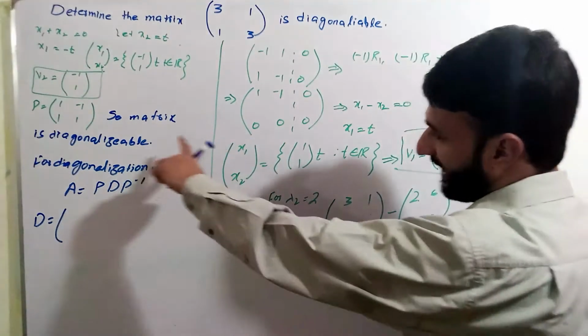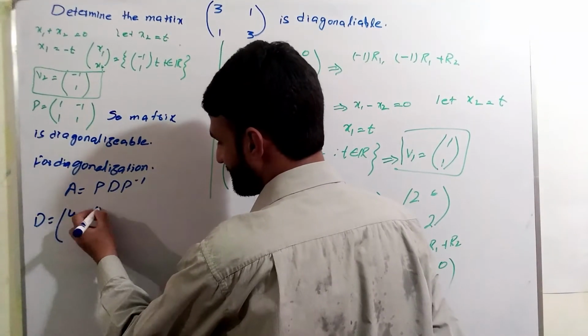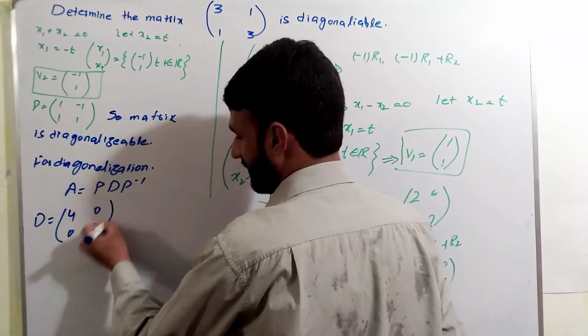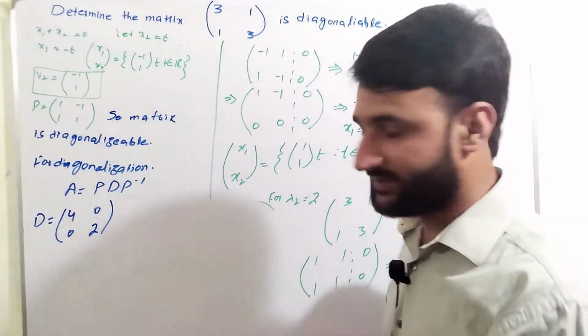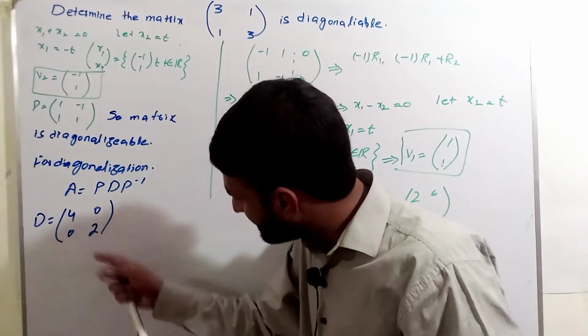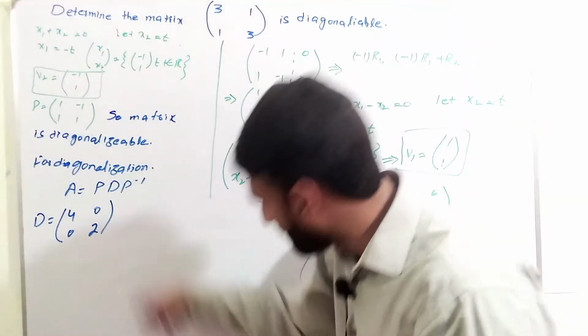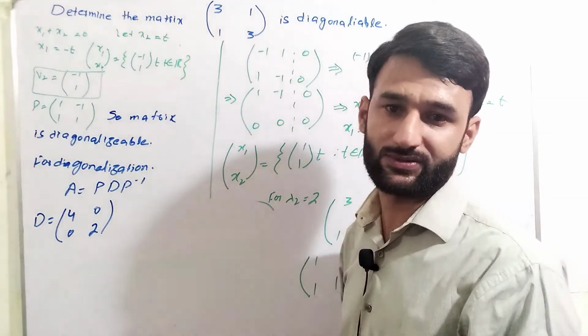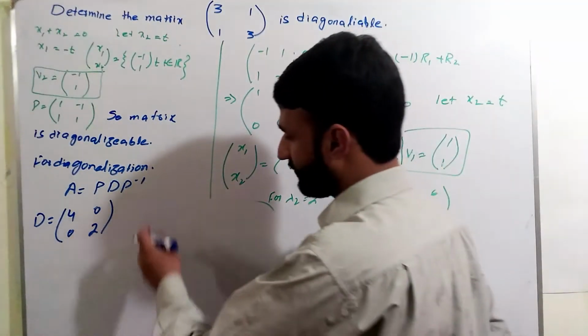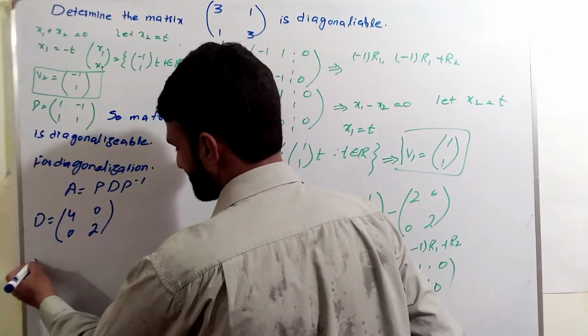So I'm going to define the D matrix in which I have the eigenvalues. The first eigenvalue was 4, then 0, 0, 2. The D matrix is the matrix in which we have the eigenvalues on the principal diagonal, and the cross diagonal values are zero, right? Now we're going to find the P inverse matrix.